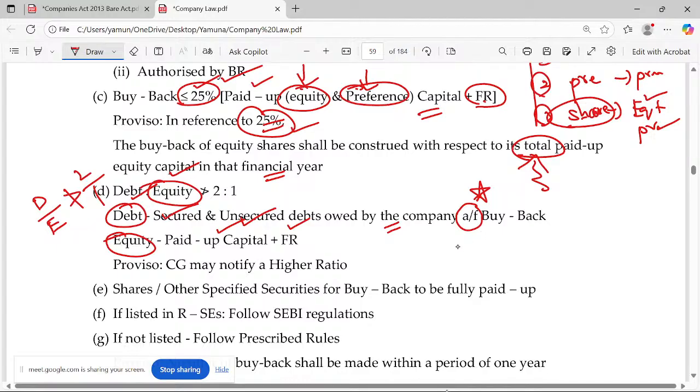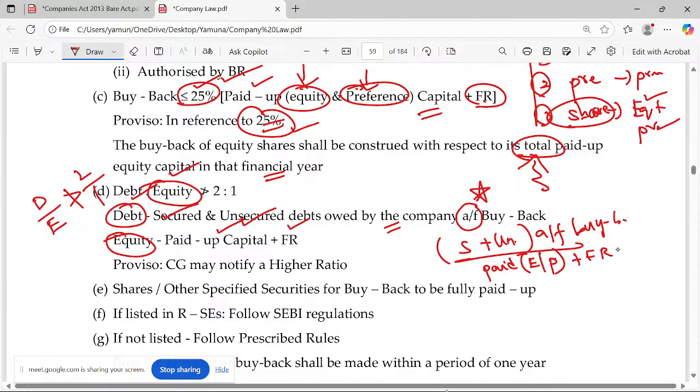What does this equity mean? You can probably have a ratio form. Secured plus unsecured debts after buyback, divided by equity paid up capital, which means equity paid up capital and preference paid up capital plus free reserves. You check this ratio. It should be not greater than 2 is to 1, which means if this amount is 1, this should be maximum 2 only.